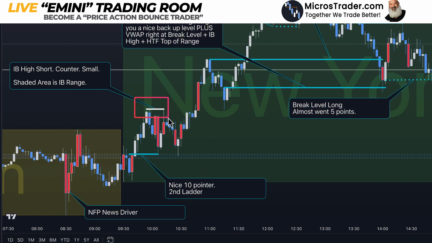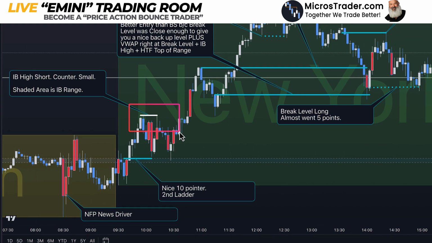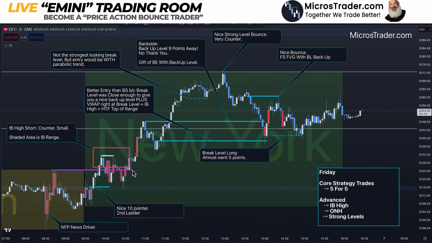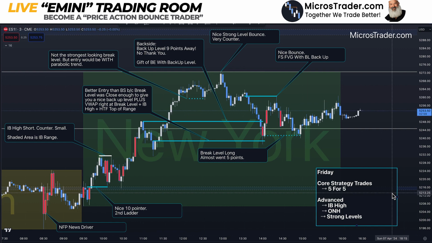This is an IB high trade, and then you had the overnight high trade as well, which I marked under the advanced stuff. We're not going to really talk about that. And this strong level bounce that occurred way up here. We're just going to focus on the core strategy trades, the 3 levels that are taught inside of boot camp. But as you advance, you're going to want to put these additional trades on your chart. You might even want to do a second chart showing your trend lines and when trend lines were broken.